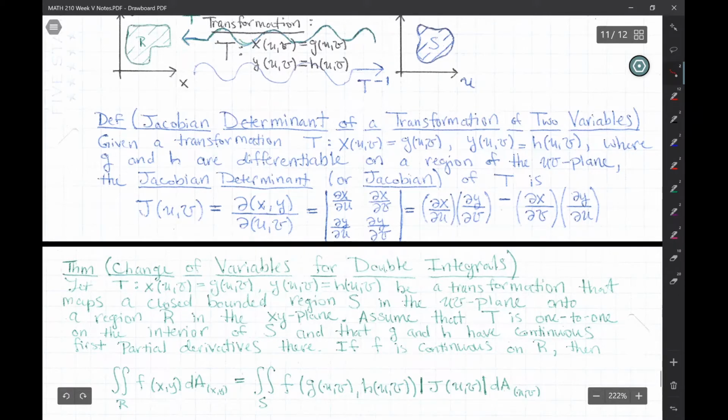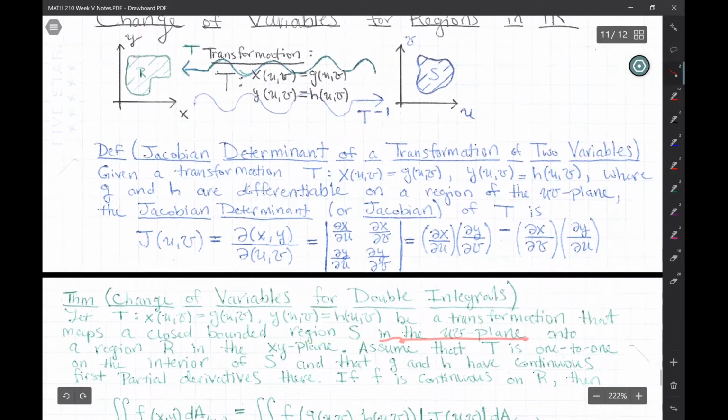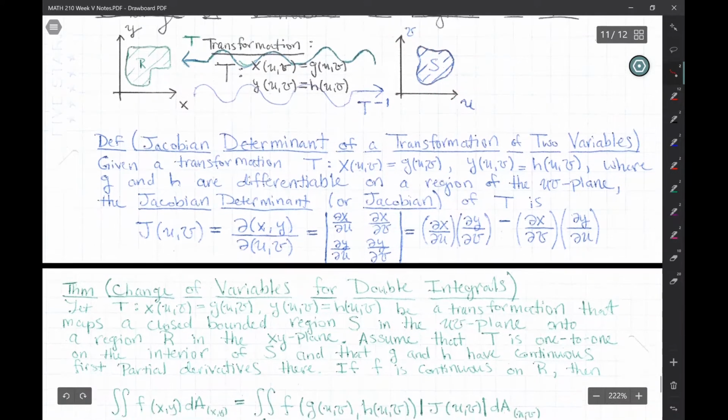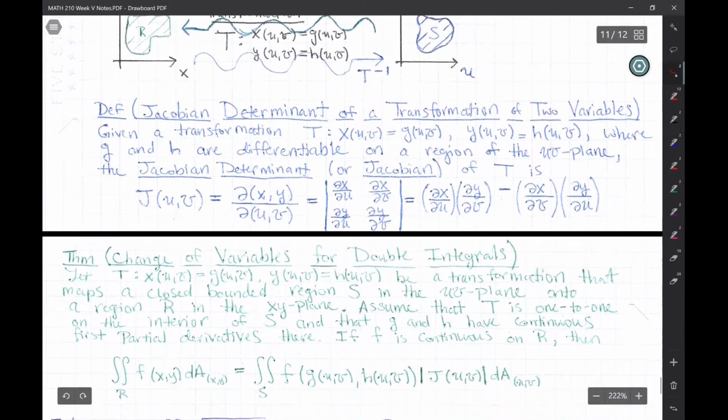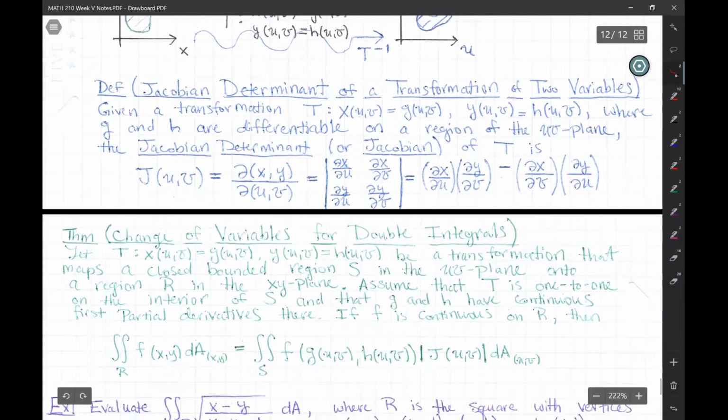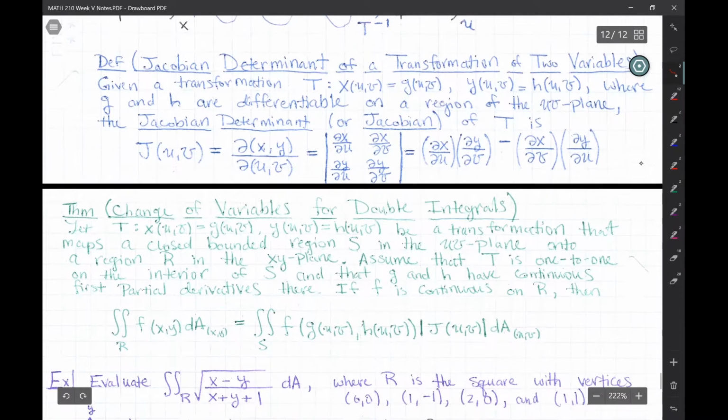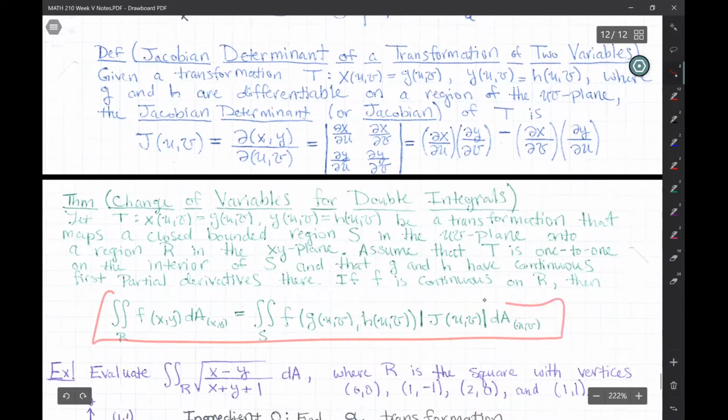That maps a closed bounded region S in the uv plane, so here's S in the uv plane, onto a region R in the xy plane. Assume that T is one-to-one on the interior of S, and that g and h have continuous first partial derivatives there. If f is continuous on R, then we have our formula.